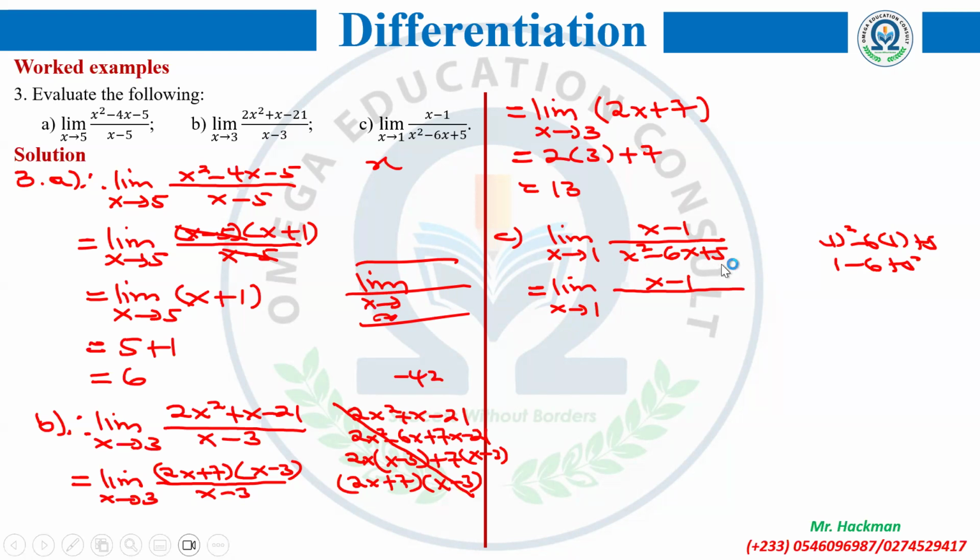So I concentrate on the constant 5 here. Factors of 5, that when I multiply, I will get 5, and when I add, I will get minus 6. Minus 5 and minus 1. Do you all agree? Sir, please, can you repeat what you just said again? I was finding it confusing.